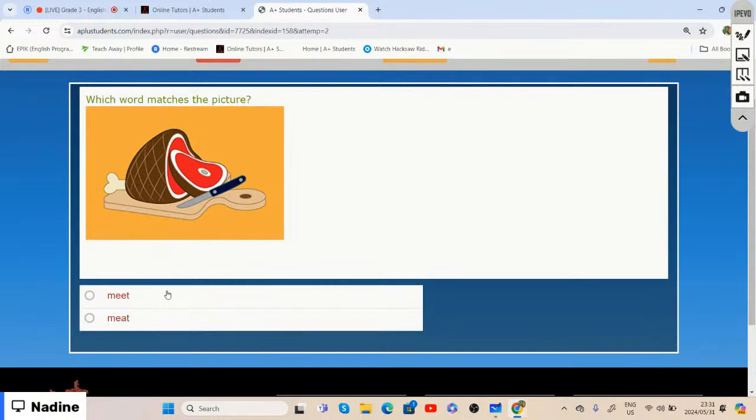So meat. Which one are we talking about? The meet, which is option one, or meat, which is option two?